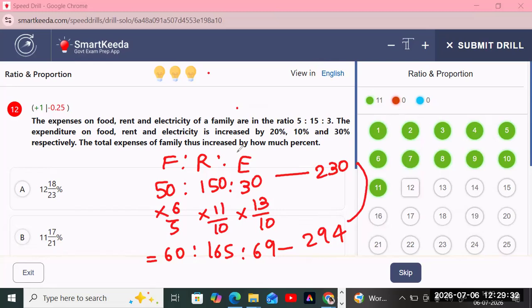इन दोनों का जो difference है which is 64 upon 230.